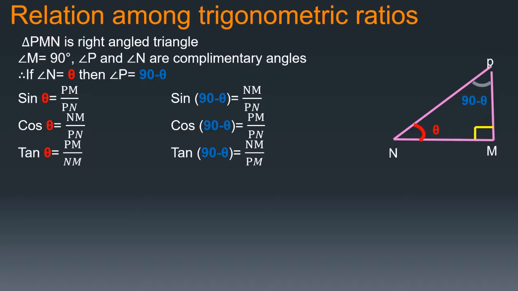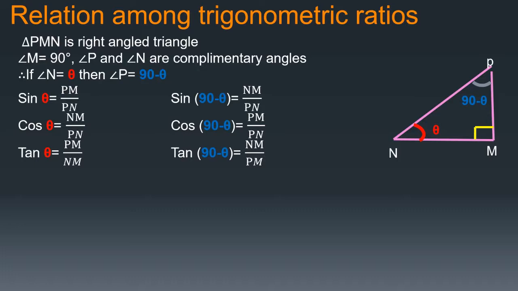The opposite side of 90 minus theta will be Nm and the adjacent side of 90 minus theta will be Pm. So the ratio of tan 90 minus theta will be Nm upon Pm. Now we have found all three ratios for both the angles. So we get 6 ratios.